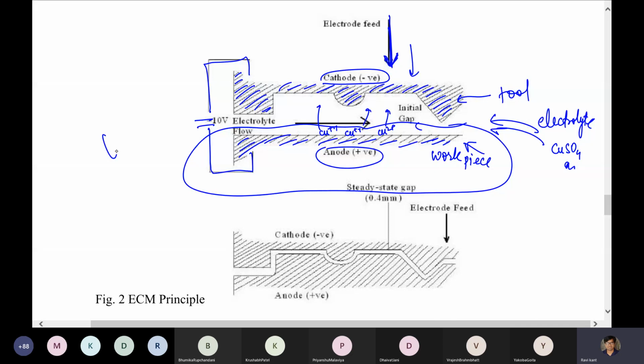In the meantime, your tool is moved downwards in order to machine this brown workpiece. So yes, it's a beautiful way to machine things.